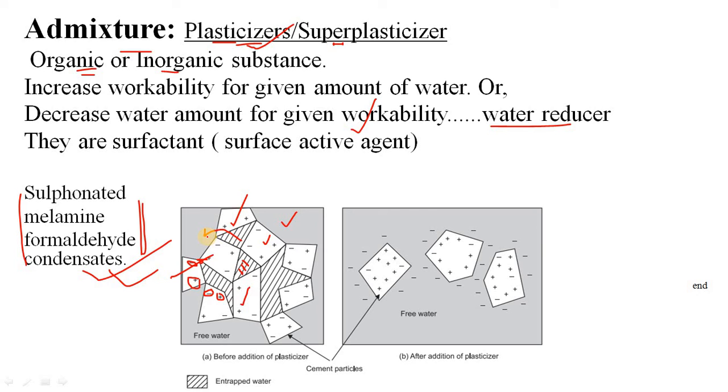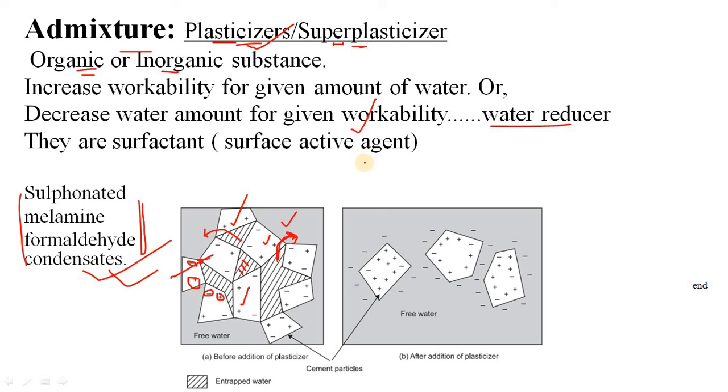If I use more water, what will happen? The strength will reduce. Okay, so instead of adding more water, simply release this entrapped water. This will increase your workability. So how can I release this entrapped water? Simply you add super plasticizer or plasticizer, whatever.